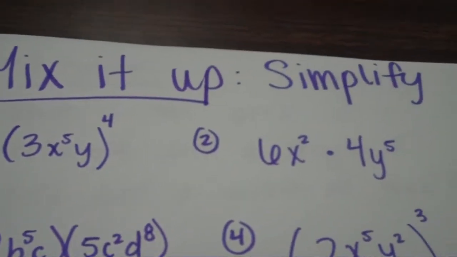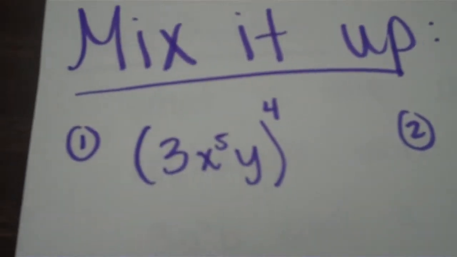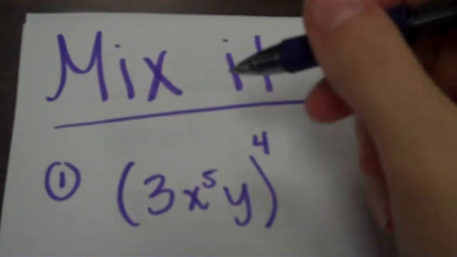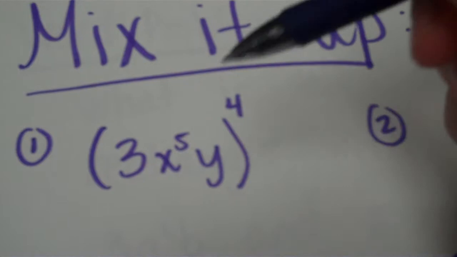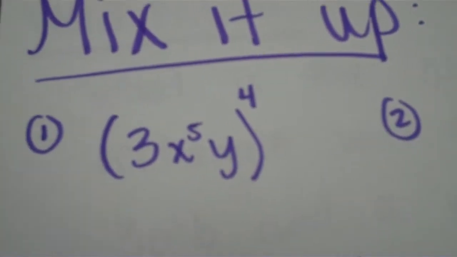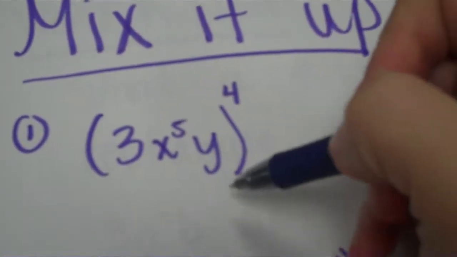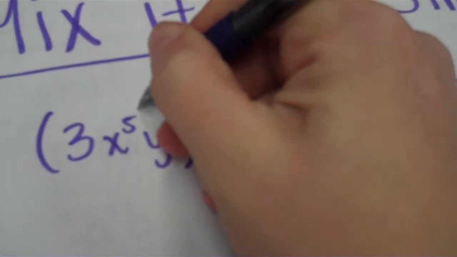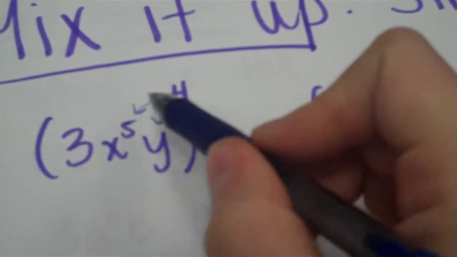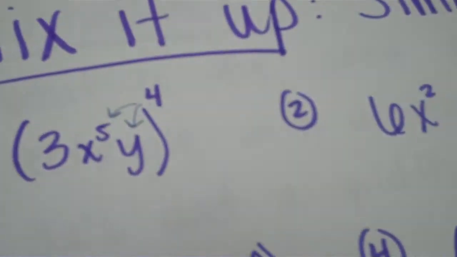Now let's mix them all up so you remember your rules. Okay? Mix them up. So here's your first example. Am I multiplying here, or do I have a power of a power, an exponent of an exponent? Well, the exponent is on top of all the other ones. So I'm going to go ahead and make my little things here. But don't do 3 times 4. Remember, you need to do 3 to the 4th power.